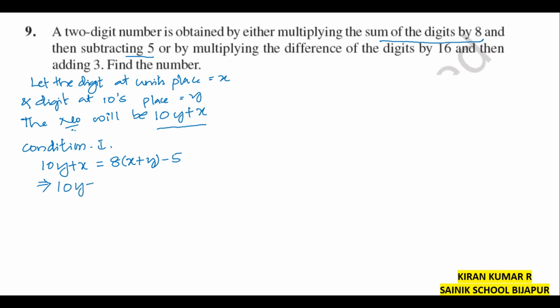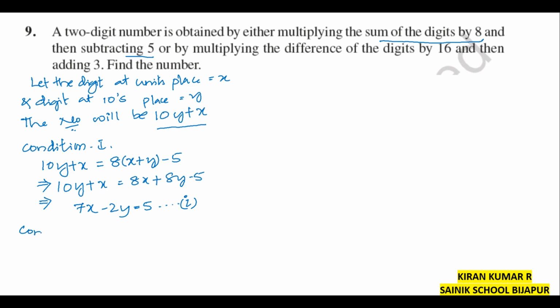So 10y plus x will be equal to 8x plus 8y minus 5. If you simplify further, we will get 7x minus 2y equal to 5. Name this as equation 1.